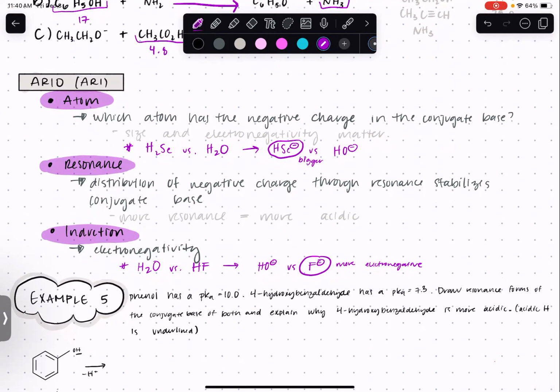So if we look at H2Se versus H2O, our conjugate bases here would be HSe minus with the negative charge on the selenium versus our negative charge on an oxygen here in the OH minus. Selenium is bigger than oxygen. It's further down. They're in the same column, but it's further down the periodic table. So because of that, this is going to be more acidic.